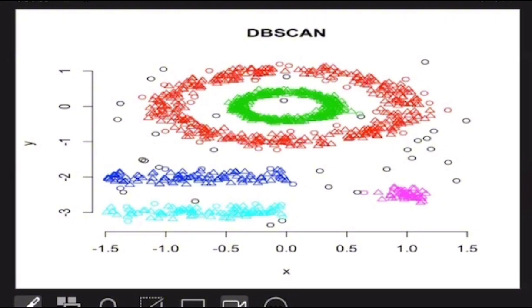Any point outside all of that, all the five. And that's why it's very visible to identify outliers using that. So it can actually be seen here that the density-based algorithm performs better because it identified the clusters correctly. The K-means did not identify the clusters correctly.